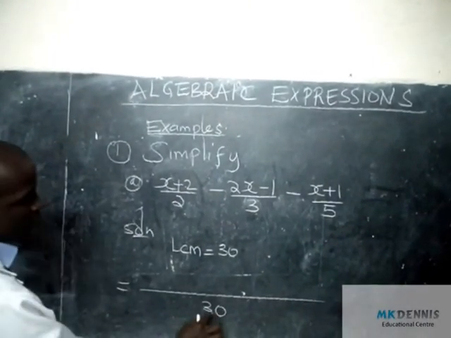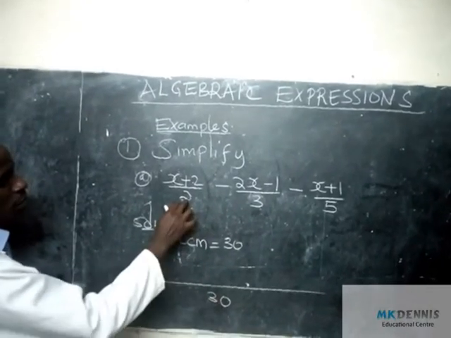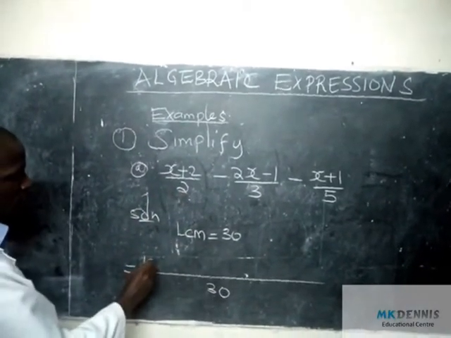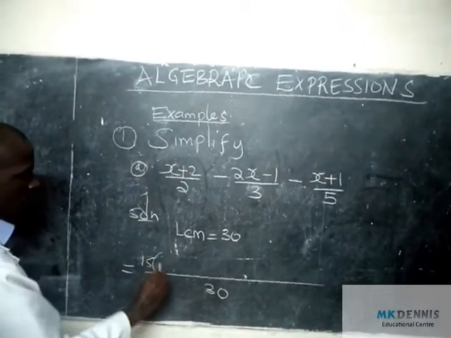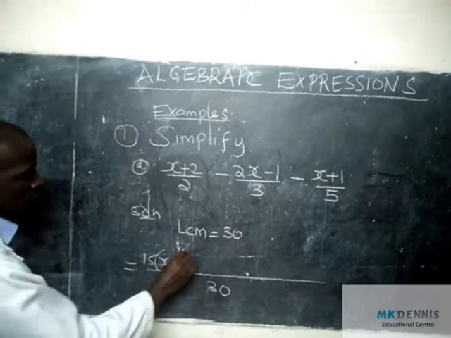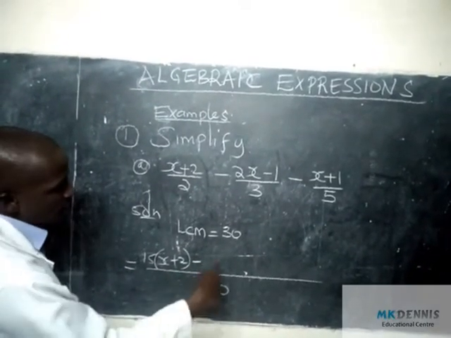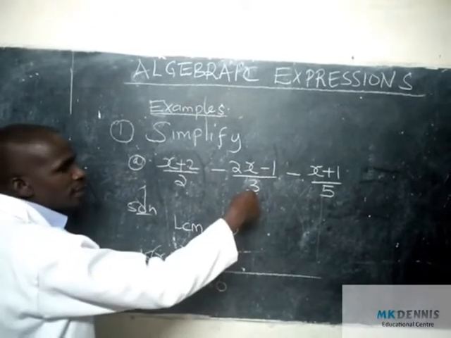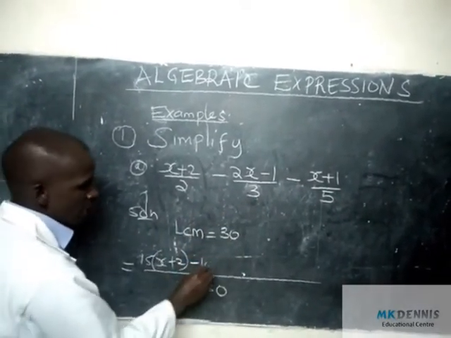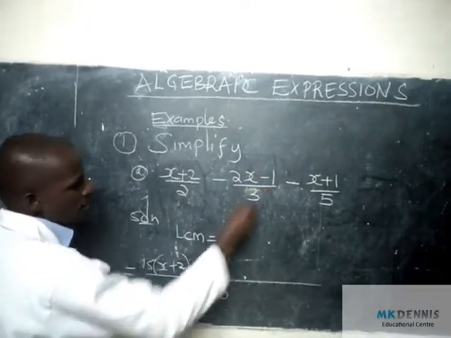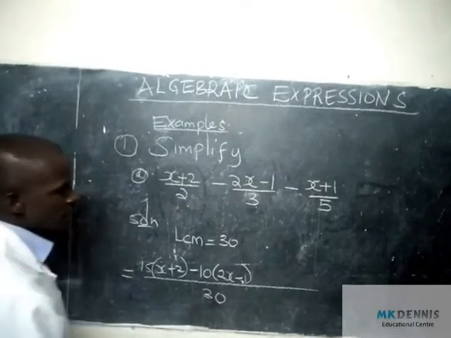So 30 divided by 2, you get 15. You multiply that 15 times (x + 2). That's the first bit. Now the second one, we are subtracting. 30 divided by 3 is 10, so it's 10 times (2x - 1).